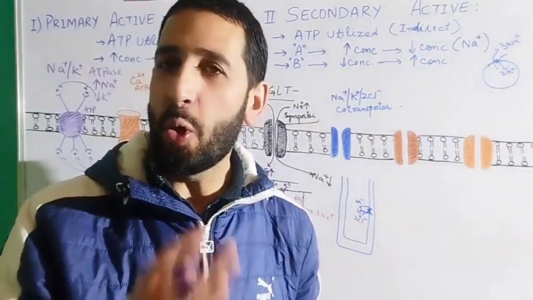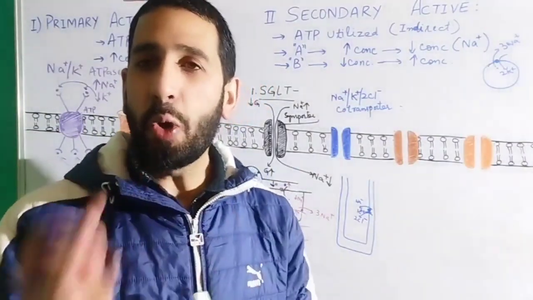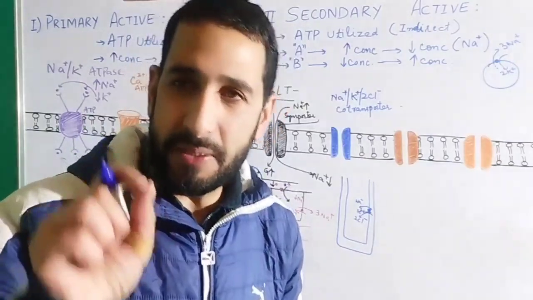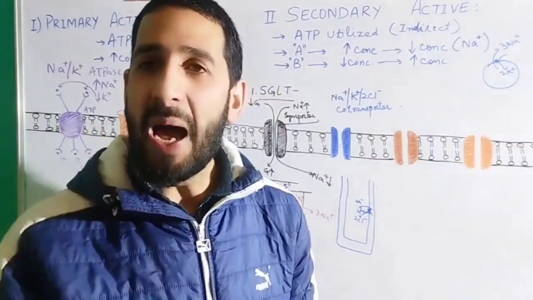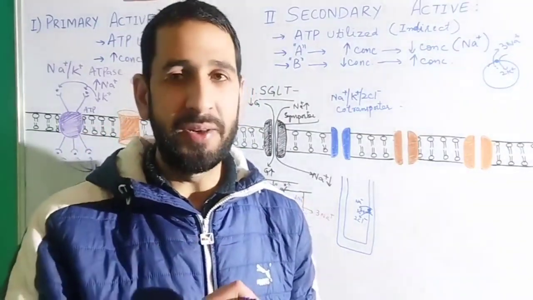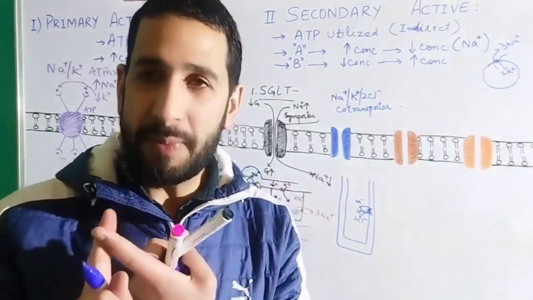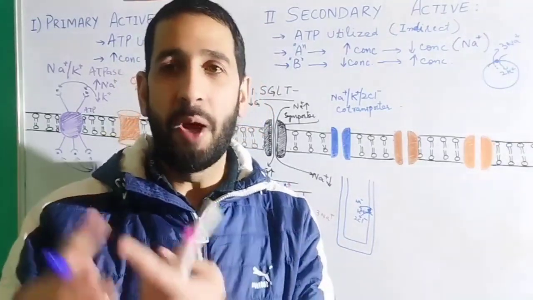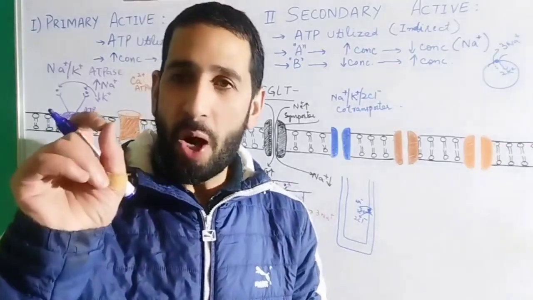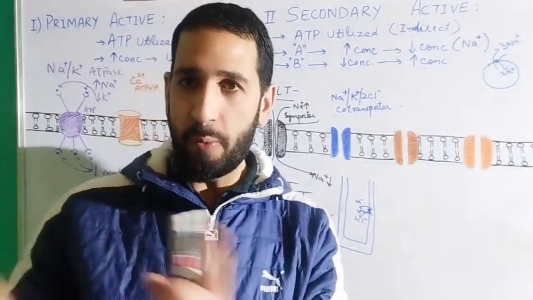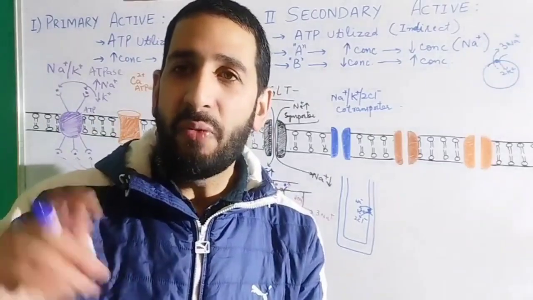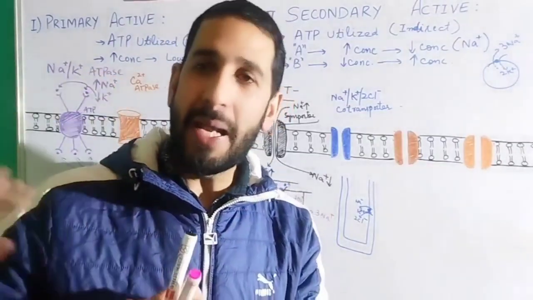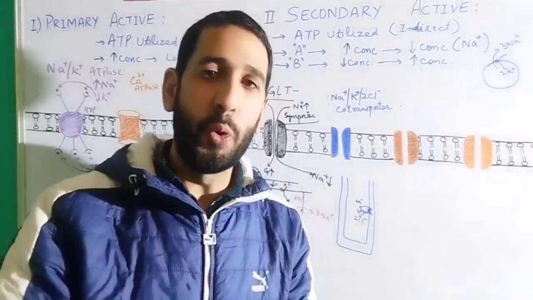Now, definitely sodium is moving from high to low concentration, chloride from high to low, and potassium is being transported from low to high concentration. So, in order for potassium to be transported from low to high, sodium and chloride are moved from high to low, and they help the potassium be transported from low to high.